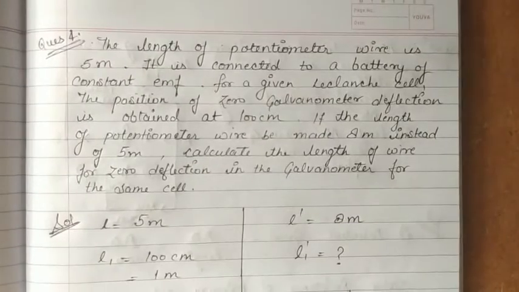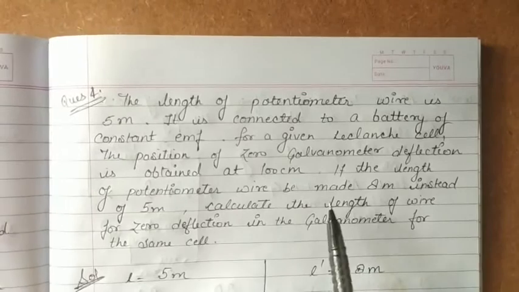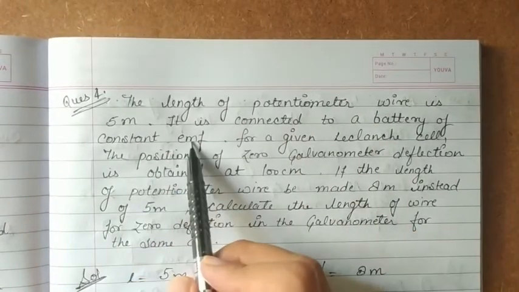Now, in this question, the length of potentiometer wire is 5 meter. It is connected to a battery of constant EMF.